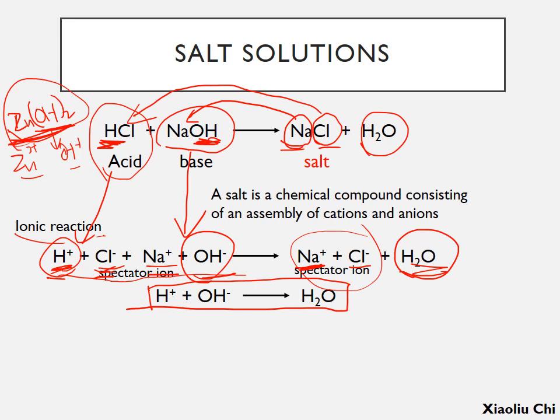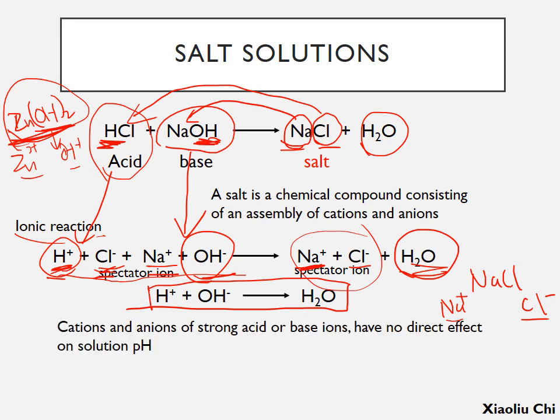So if you have a salt, sodium chloride, when you dissolve it in water, it will ionize to sodium ion and chloride ion, and they don't react with water, so it doesn't affect the pH value. So the cations and anions of strong acid and strong base, in this case sodium chloride, sodium comes from a strong base, chloride comes from a strong acid.